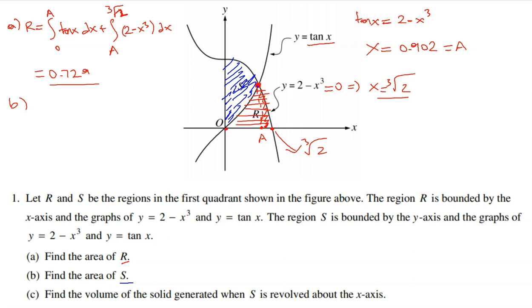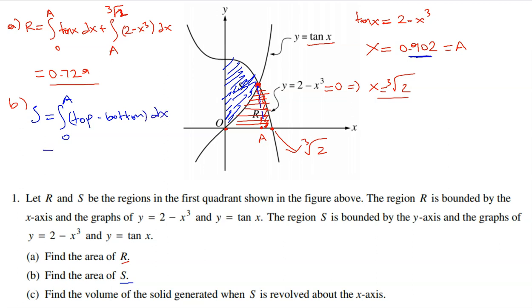All we need is this x coordinate, which is a, and we found it. So area S is going to be from 0 to a, which is the x coordinate. Also note that this area S is in between these two curves, 2 minus x cubed, which is the top curve, and y equals tangent x, which is the bottom curve. So we're going to do top minus bottom dx.